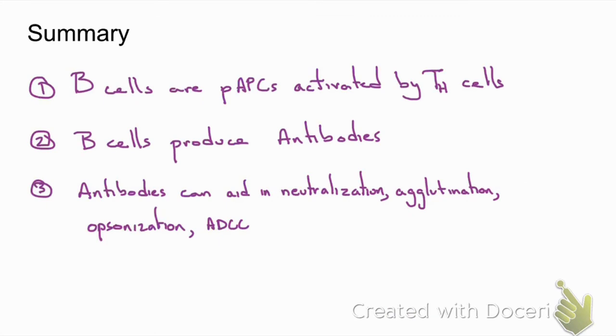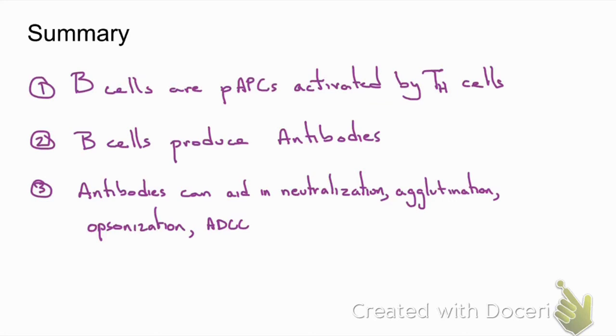All right, so in summary, let me cover three major points that we've talked about in this particular lecture. The first is that B cells are professional antigen presenting cells. They're produced in the bone marrow, they undergo maturation in the bone marrow, but they are activated by T helper cells and their interaction with those T helper cells in lymph nodes.